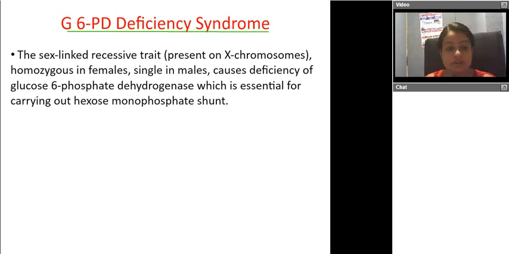You can see the fatty substance getting deposited in the brain, and the neurons in the brain and the spinal cord are degenerated because of the deposition of this fatty substance.